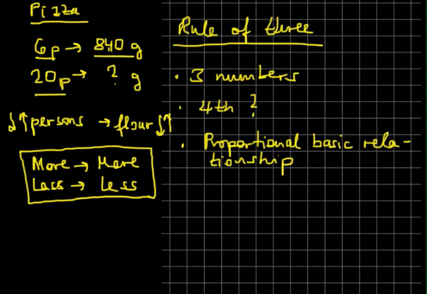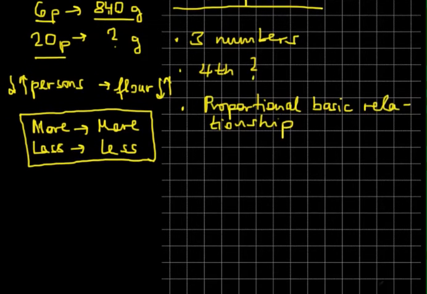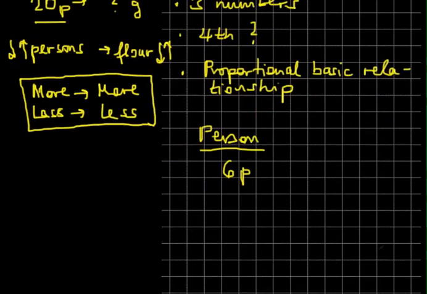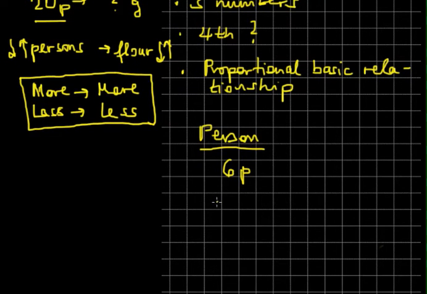When you solve these problems, my advice is that you put on the left hand side of your paper the part of the relationship where you are given the two figures, which in our case is persons. Because I've got the amount of flour for 6 persons and I'm looking for the amount of flour for 20 persons.